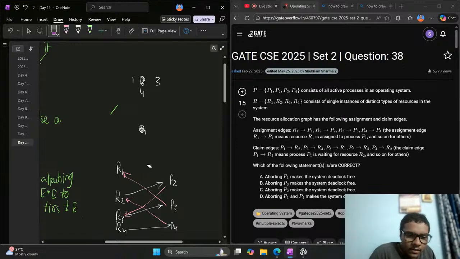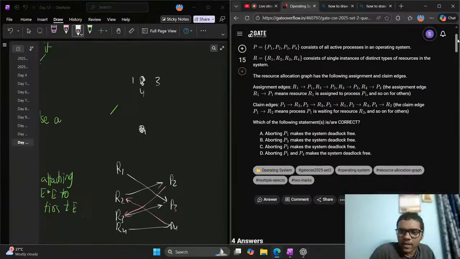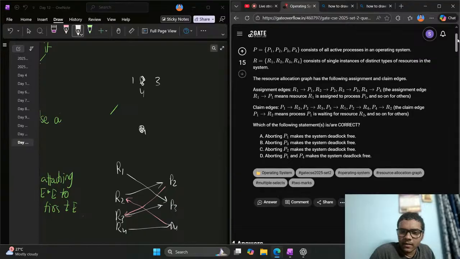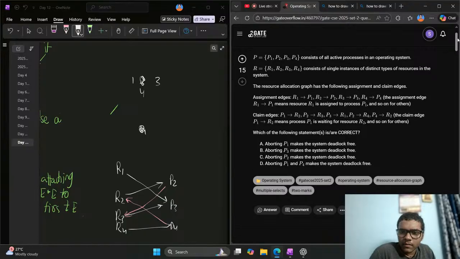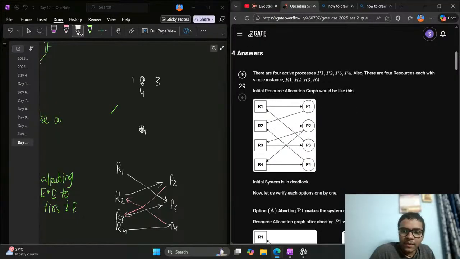And R1 you can allocate to P3. Nice. And there is no deadlock. So why am I feeling like A should be one of the answers? So I drew it, man. I drew it.